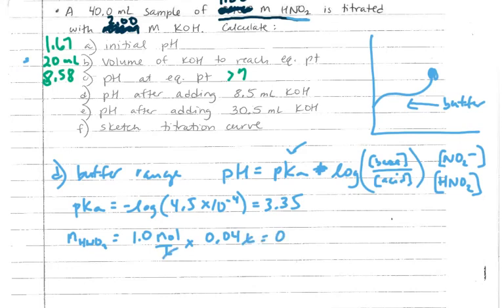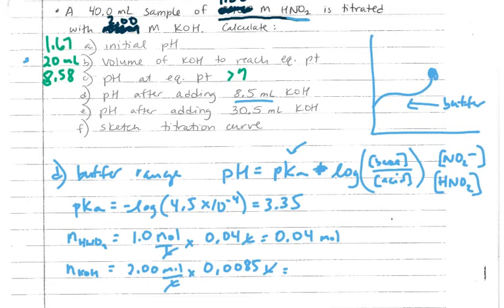So as we had calculated before, we initially have 0.04 moles of the acid, and when we add our potassium hydroxide, the molarity is 2.00 moles per liter, and we're adding 8.5 milliliters, which is 0.0085 liters. So that is a total of... I did my math wrong.